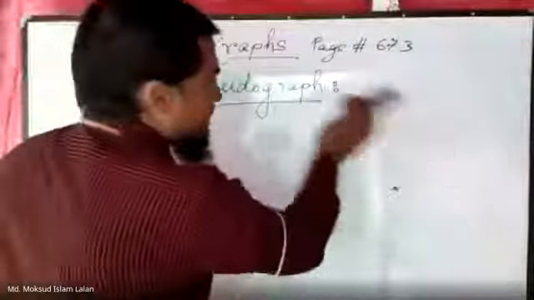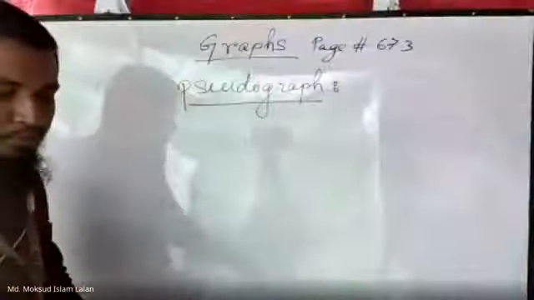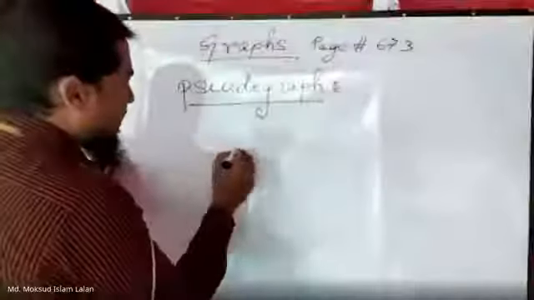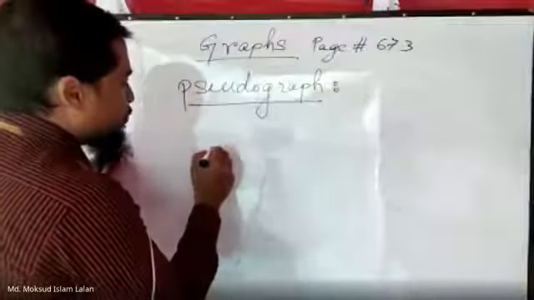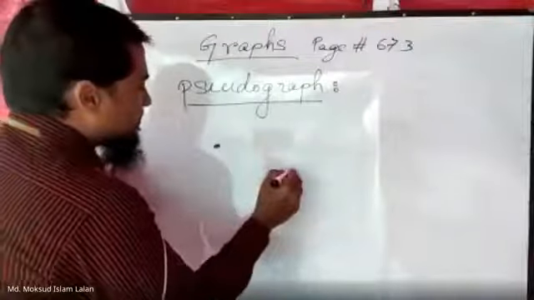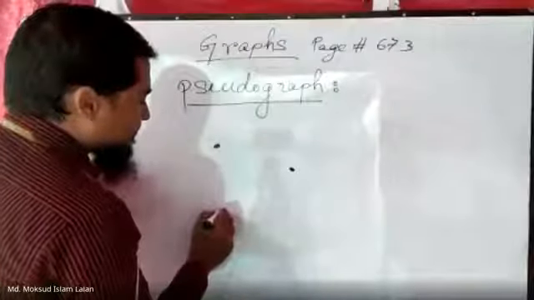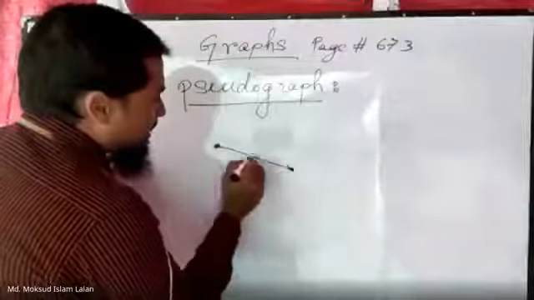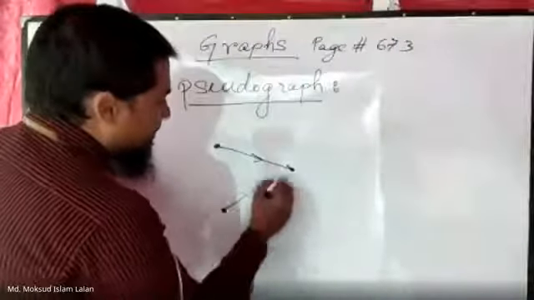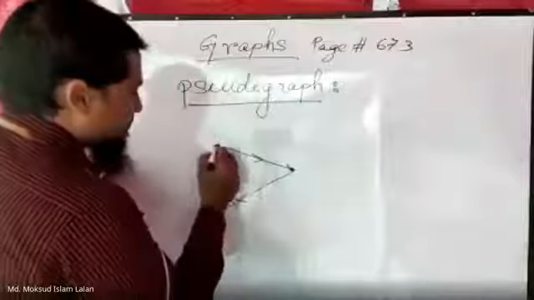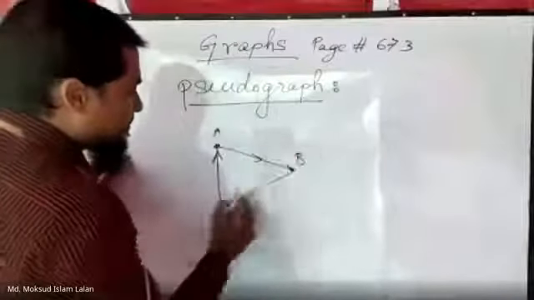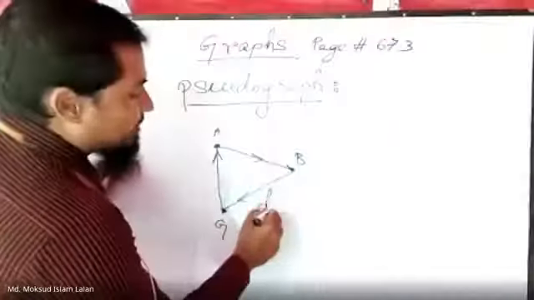Dear student, here we have talked, actually there is no direction, right? But from here to here, if I use this arrow sign, so this is called a directed graph.